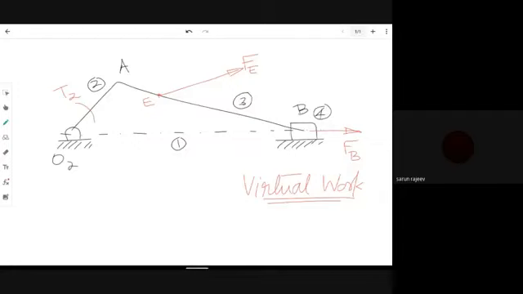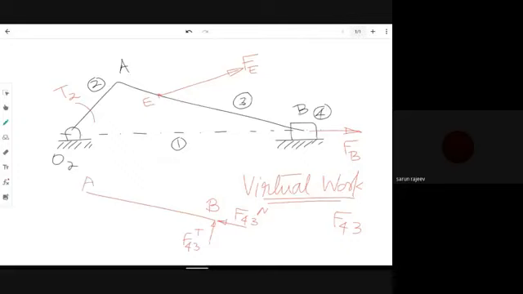Hence, what we considered was we took the free body of link number 2, and at the point B, we considered the force F43. We considered there to be two components of the force. One is acting normal, F43 normal, along the link, and the other was F43 tangential, which is acting perpendicular to the link.